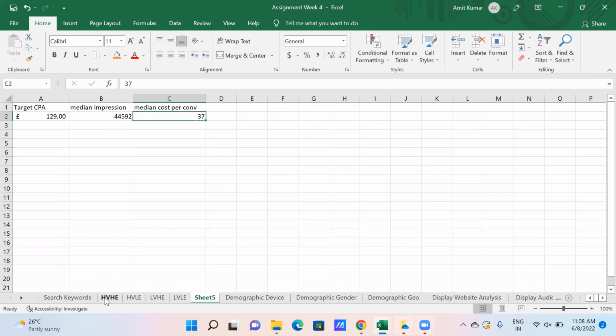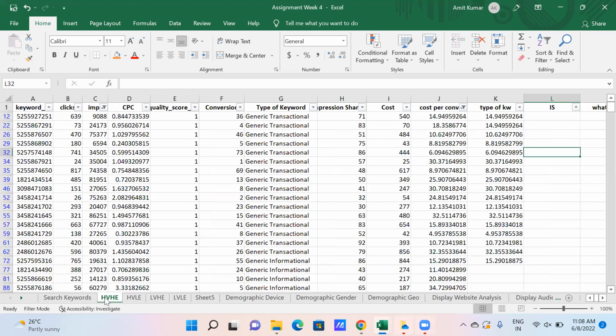So this particular table should have values less than 37 for high efficiency, and in terms of volume, more than 44592.